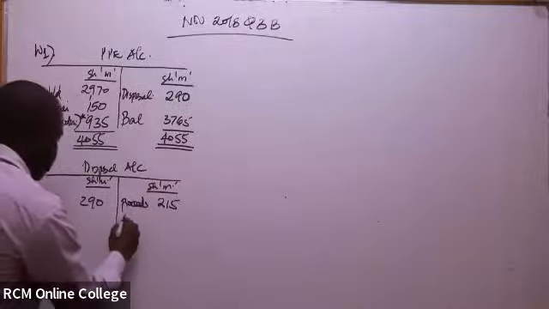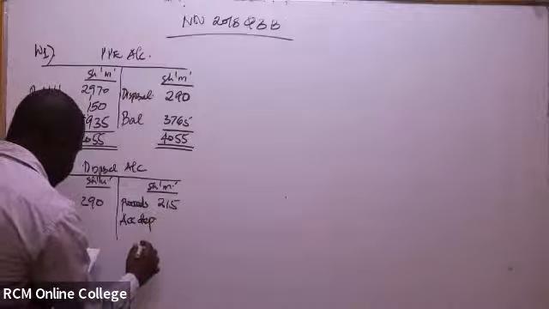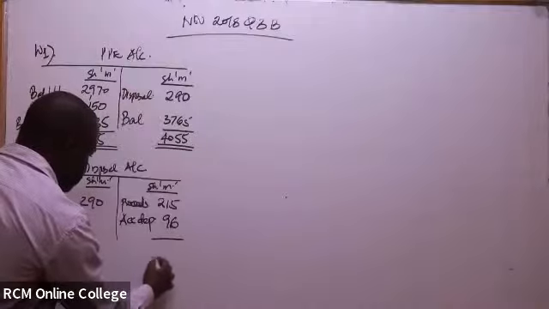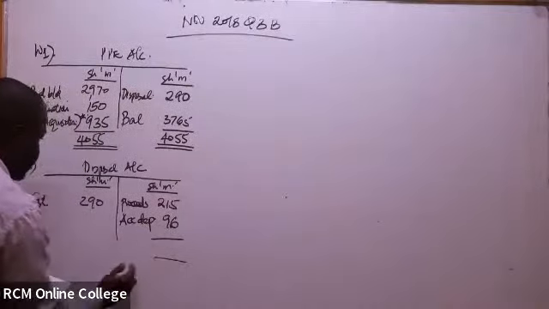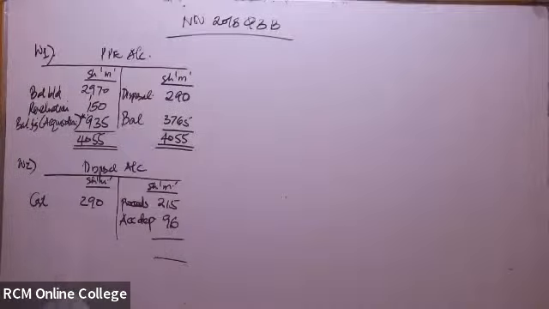Then there was an accumulated depreciation of 96. So you'll realize that in this case, this side is more. If this side is more, is it a gain on disposal or a loss on disposal? It is a gain.